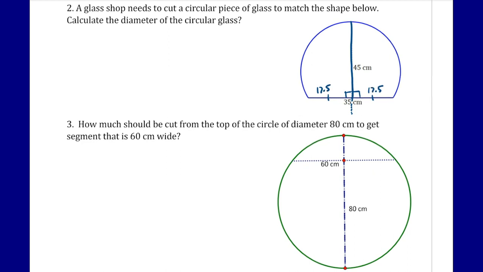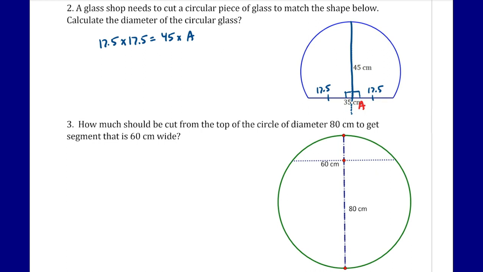So the theorem states that the product of the two lengths of a chord that intersect are equal. So in this case, 17.5 times 17.5 is going to equal 45 times something. We'll call it A. And A is going to be this little portion here.